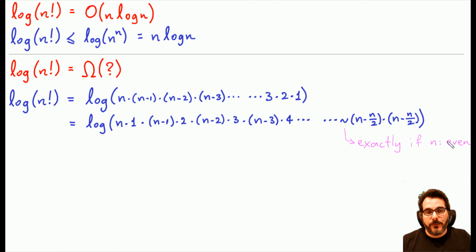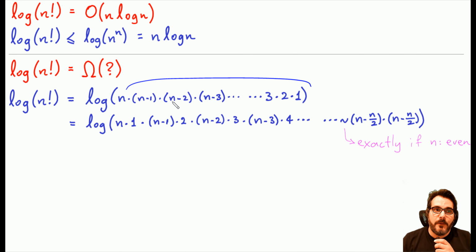What if n is even, it doesn't matter really, but approximately, if n is even, can I write them as n over 2 items? There are like 10 items here, and I'm wondering if I can cut it in half and make them n over 2 items, meaning I'll pair them. So let me pair them.